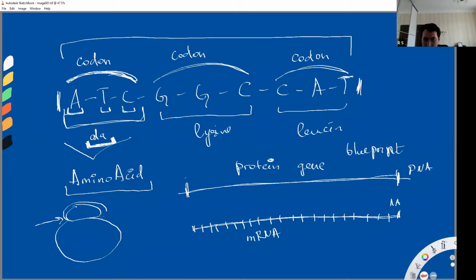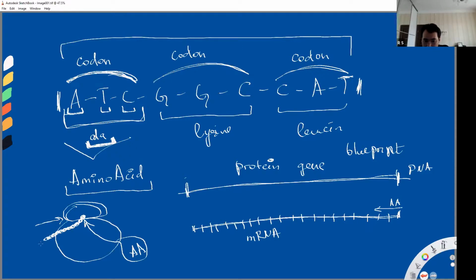So the ribosome recognizes these codons and takes amino acids that are floating inside the cytosol or cytoplasm, and starts building the protein chain, the so-called polypeptide. It goes from one side to another, reads every single codon, and adds the related amino acid to the peptide chain.